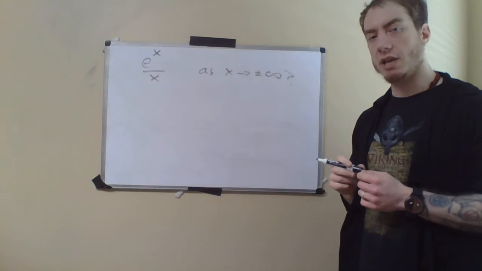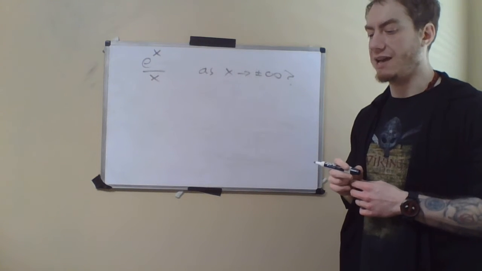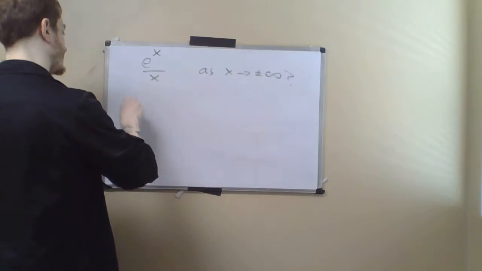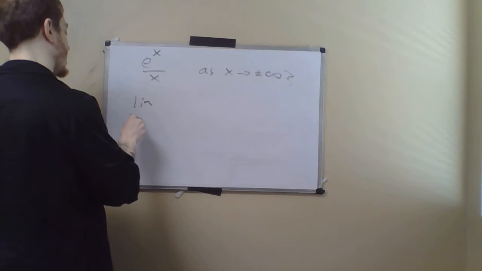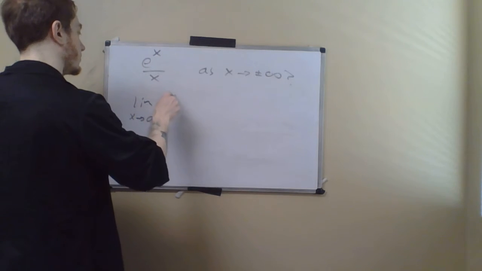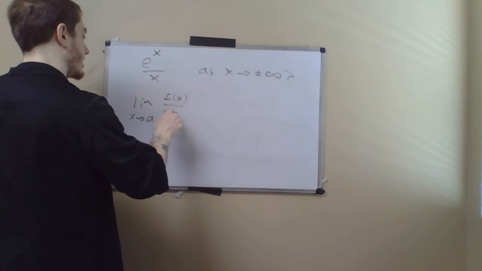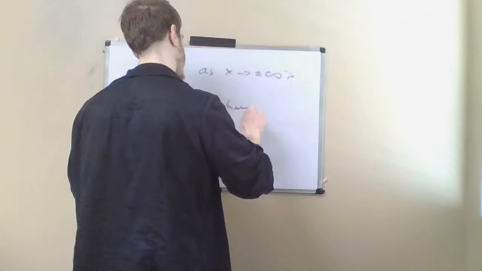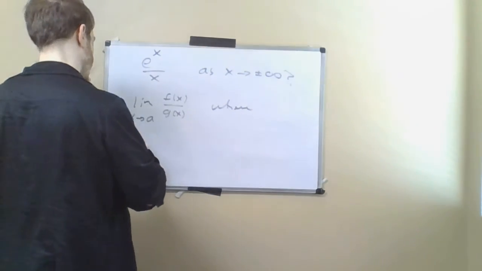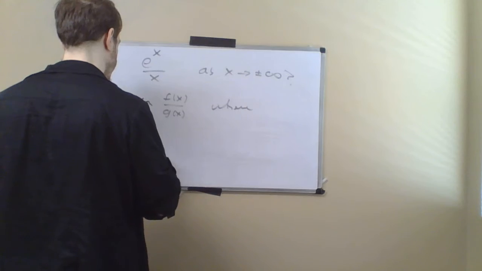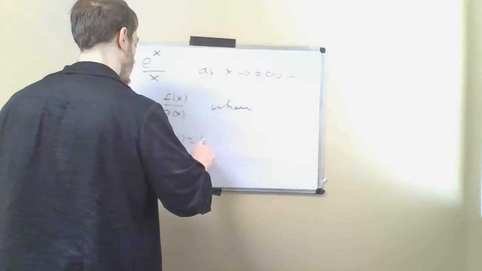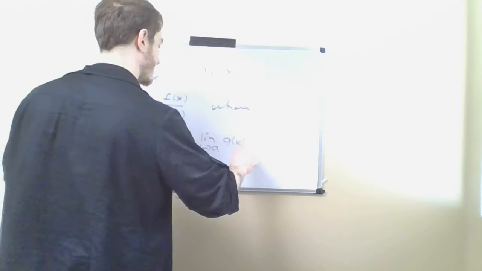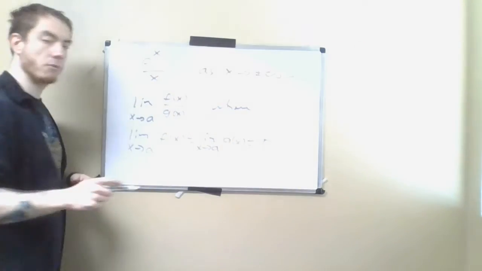And more generally, there are other types of problems that we could ask as well, where maybe we are dealing with the limit as x approaches a of, let's say, f of x divided by g of x, where the limit as x approaches a of f of x equals the limit as x approaches a of g of x equals 0.